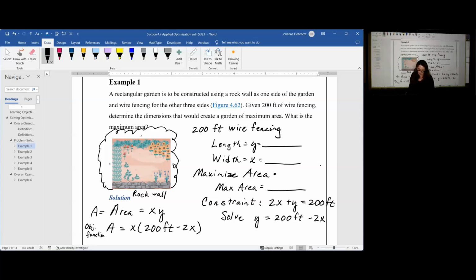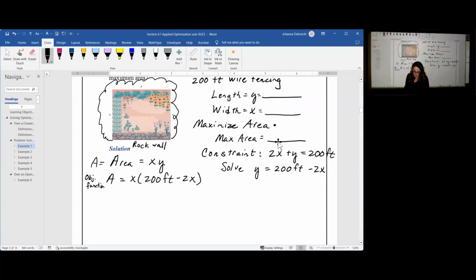The next thing I want to do is go ahead and simplify it. I now have area as a function of x: 200 feet times x minus 2x squared. Notice that the units would be square units. Feet times x is in feet, so it gives me square feet, and x is feet, so x squared is square feet. So I feel pretty confident that I may have set it up correctly.